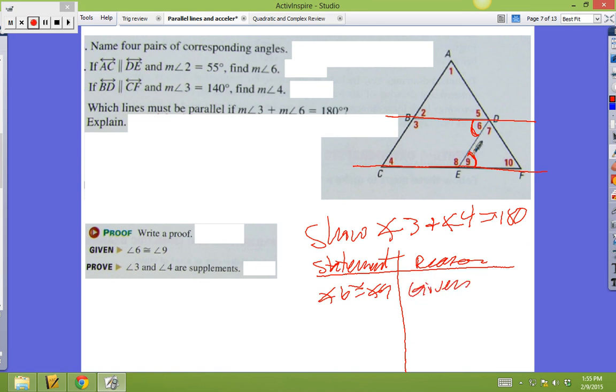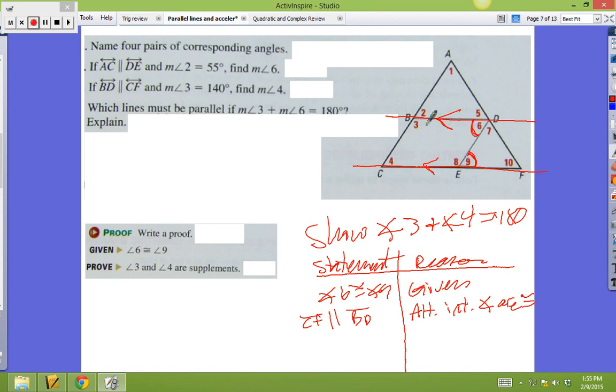So what that means now is line CF is parallel to line BD. That means these have to be parallel. So now this line and this line are parallel, and the reason is these are alternate interior angles are congruent, and alternate interior angles are congruent only if the lines are parallel.